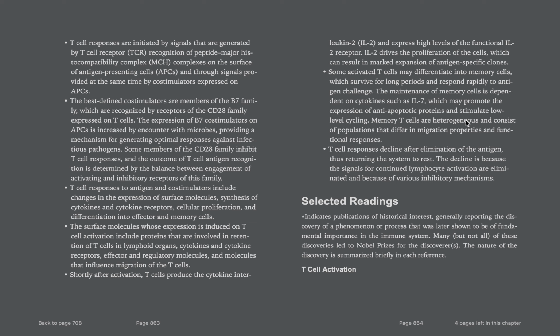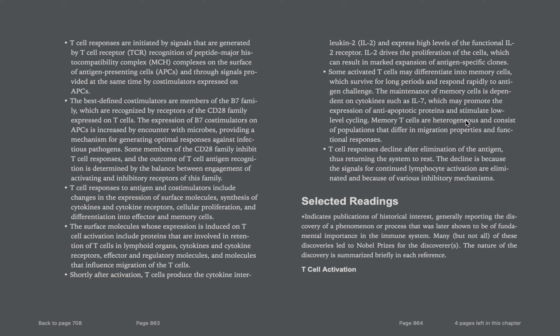Some members of the CD28 family inhibit T cell responses, and the outcome of T cell antigen recognition is determined by the balance between engagement of activating and inhibitory receptors of this family. T cell responses to antigen and costimulators include changes in expression of surface molecules, synthesis of cytokines and cytokine receptors, cellular proliferation, and differentiation into effector and memory cells.